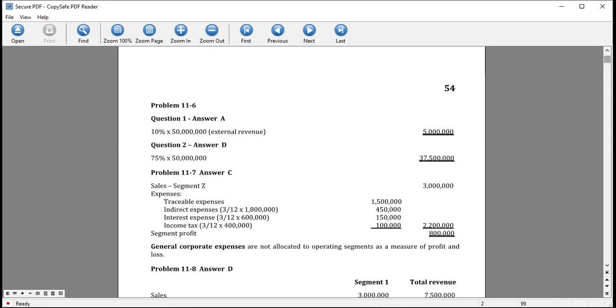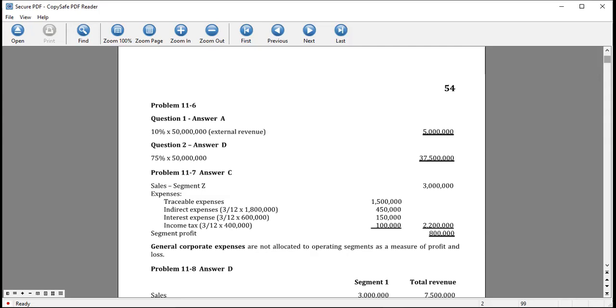So we get 450,000. For the interest expense, we have 3 over 12 multiplied by 600,000. And finally, for the income tax, we have the amount of total expenses of segment C of 2,200,000.